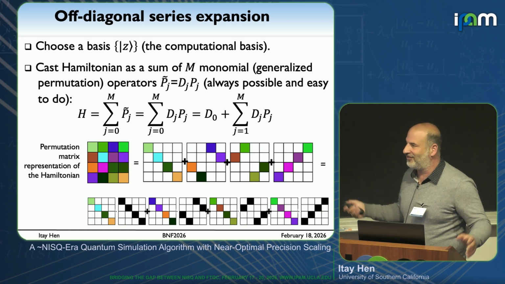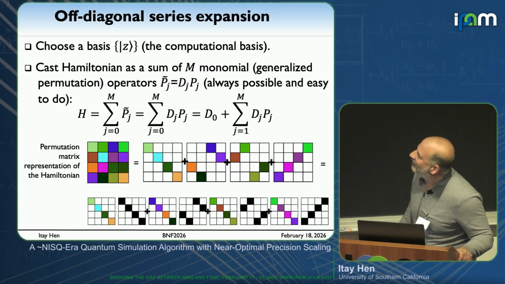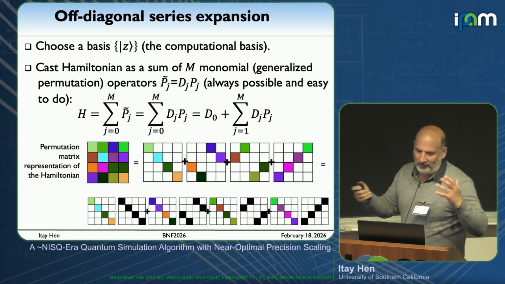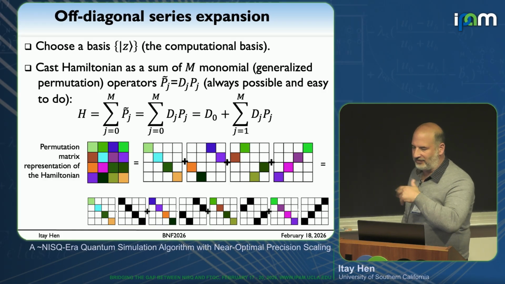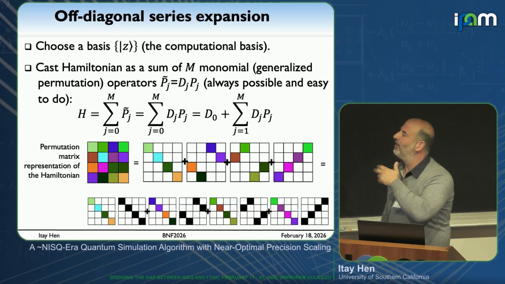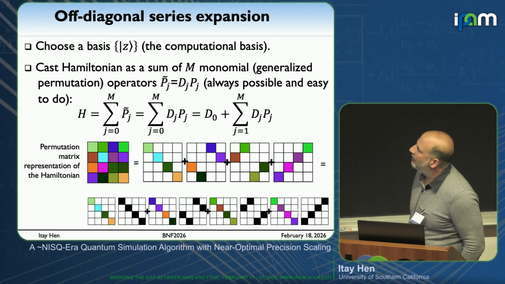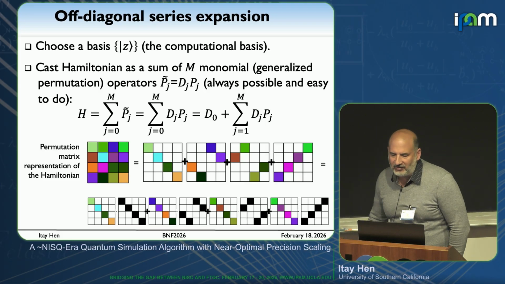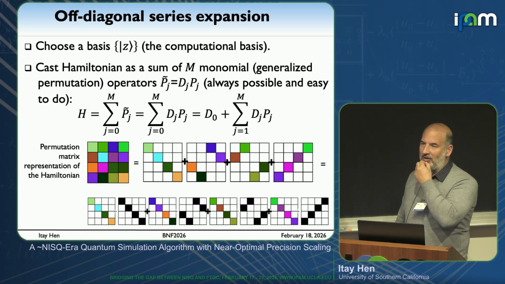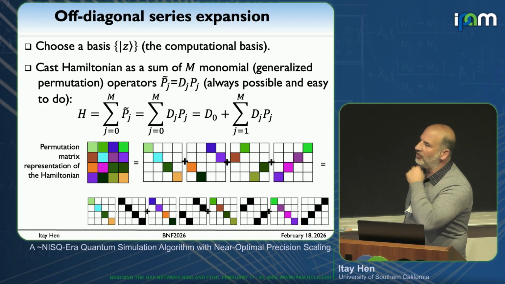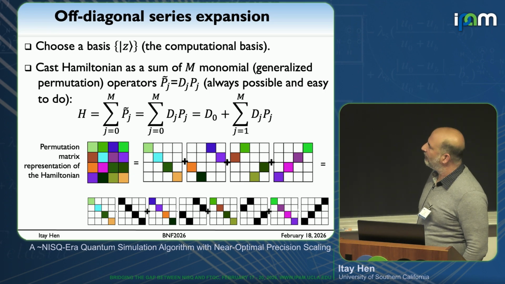I would still call it NISQ friendly, but of course, it's a judgment call. Anyway, I want to present to you this new algorithm that is based on what we call the PMR method, the permutation matrix representation method, that essentially tells us that if you want to do Hamiltonian simulation, don't write the Hamiltonian as a linear combination of Pauli strings, do something else, okay?